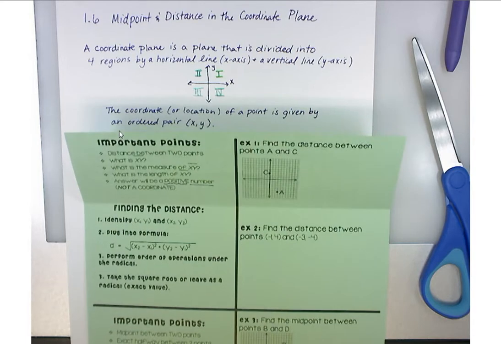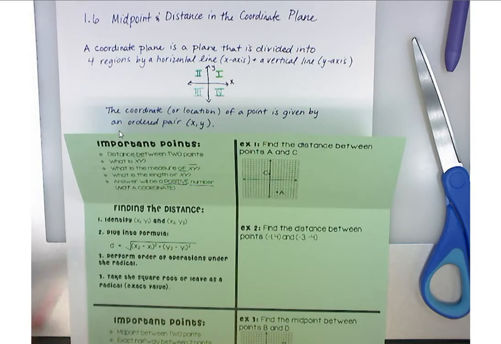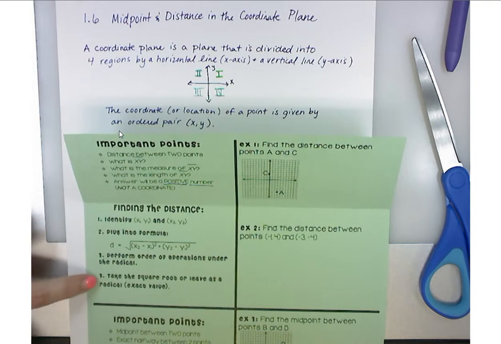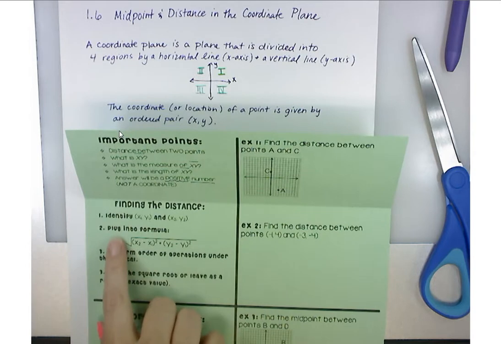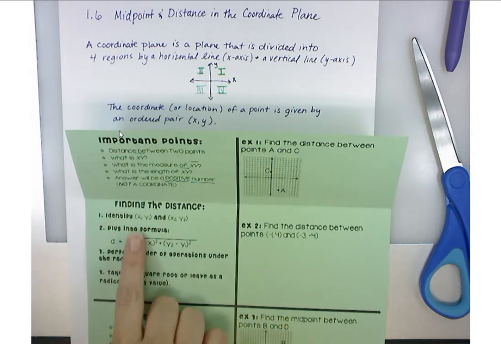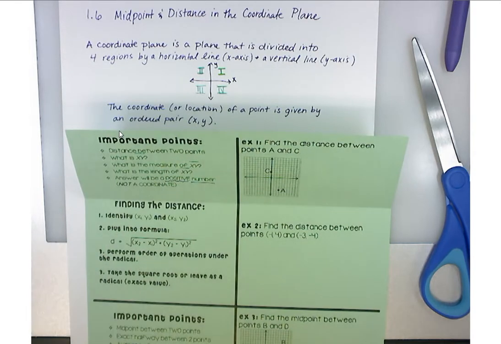Okay, so before we start our examples, go ahead and look here at the steps. Looks like that one was mislabeled. So it says finding the distance, identify x1, y1, and x2, y2. So that's what you'll do first. These are like your steps. After you identify your x1, y1, your x2, y2, you're going to substitute those into the formula and then use the order of operations underneath the radical.